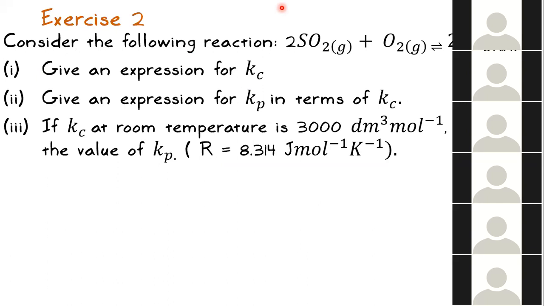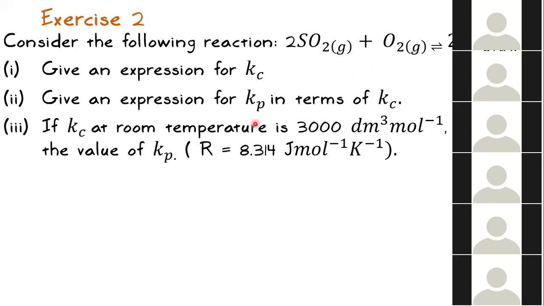Anyone else? 298K. Good. Very good. So in Celsius it's 25 degrees, right? Yes. Good. So don't forget room temperature is 25 degrees Celsius. Then the normal body temperature is 37 degrees Celsius.